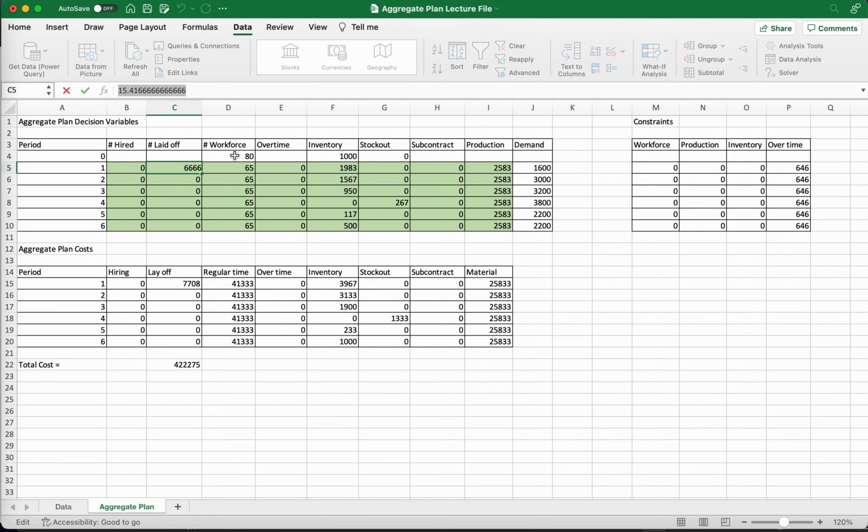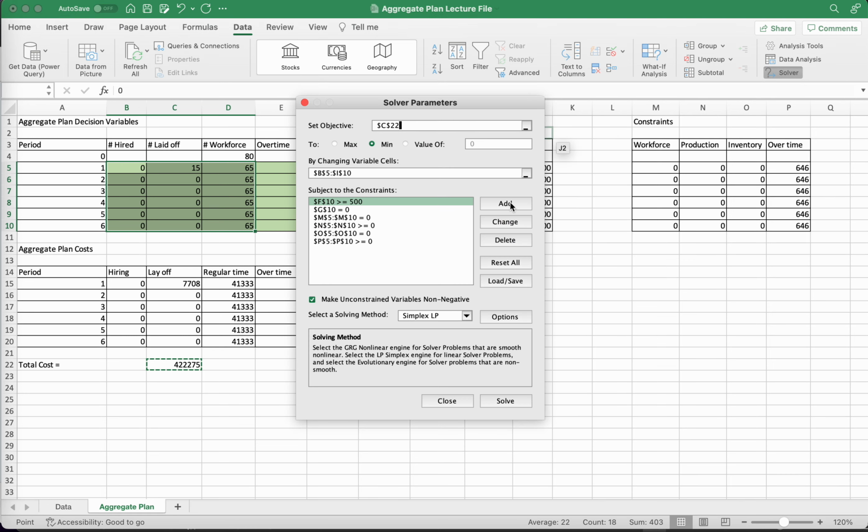So that's possible. But if that is not something that you're going to allow, and that's how the textbook manages it, one of the things that we have to do is to make sure that the number of people you hire and the number of people you lay off are integers. They cannot be decimals. So you go to the solver and add a constraint.